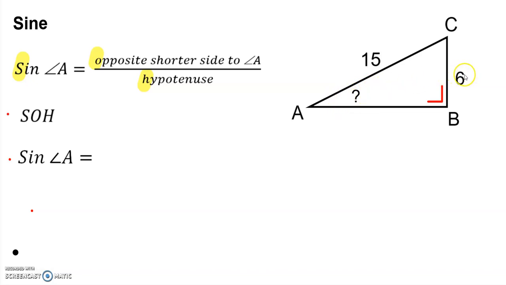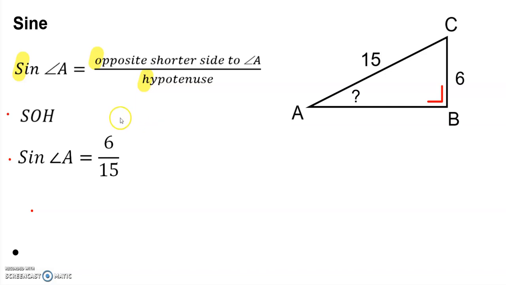So this is the opposite shorter side. That's 6. And the hypotenuse, that's always the longest side. And it's always opposite to the right angle. So 15 must be over here. So the first step is done.